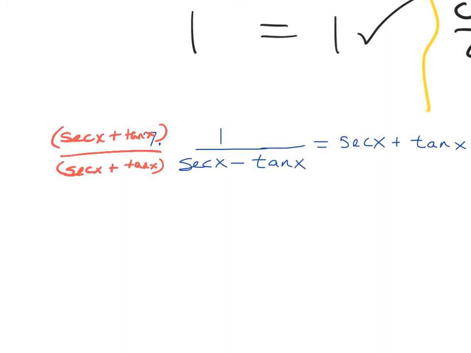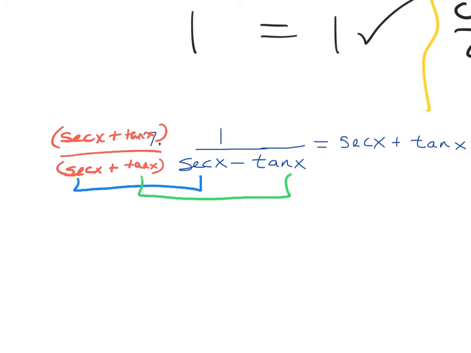Now, when I multiply something by its conjugate, I really don't need to do the whole FOIL process. All I need to do is first and last. Because in my FOIL word, outer and inner cancel out. Outer will give me negative secant x tan x, and inner would give me positive secant x tan x.